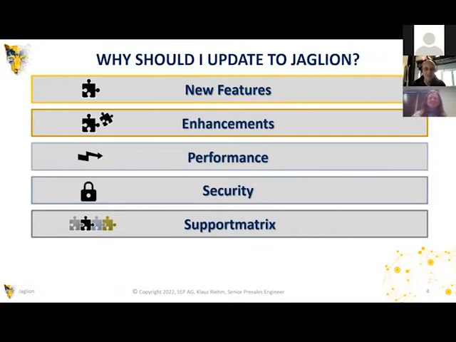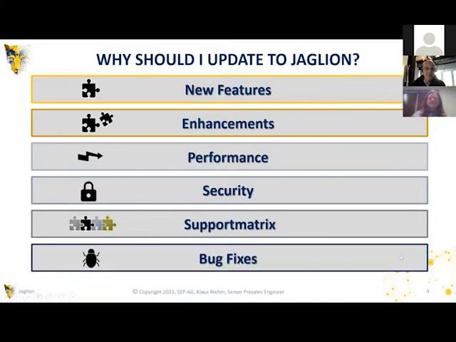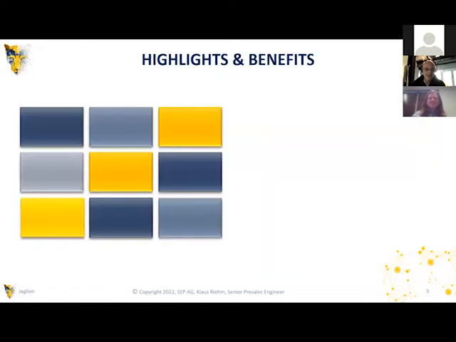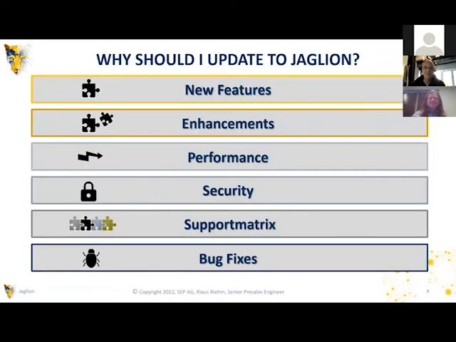So we always have to adapt our support matrix and do some regression testing of the agents, and with our new version Jaglion, we have updated the support matrix. We will talk about this later on. Yeah, and bug fixes, a lot of bug fixes in there, but I will not talk about single specific bug fixes. It's a whole bunch, and definitely it's worth doing an update because of that.